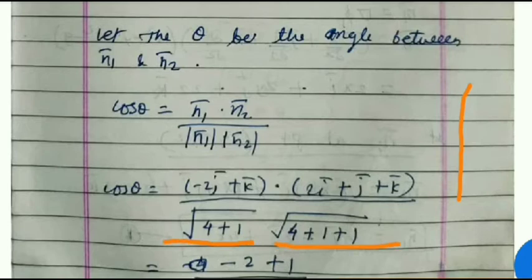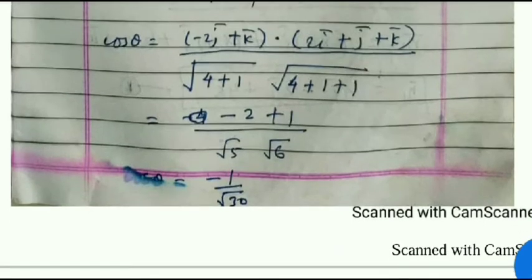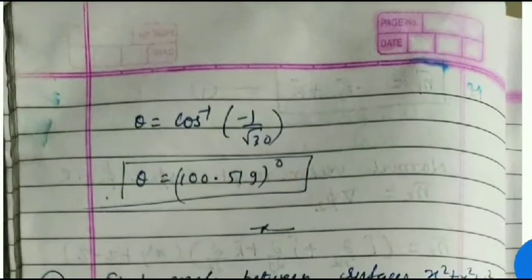In my first lecture we have read about this, how to calculate the magnitude of a vector, so apply that procedure. Simplify it. Finally we got cos theta equals minus 1 upon root 30.